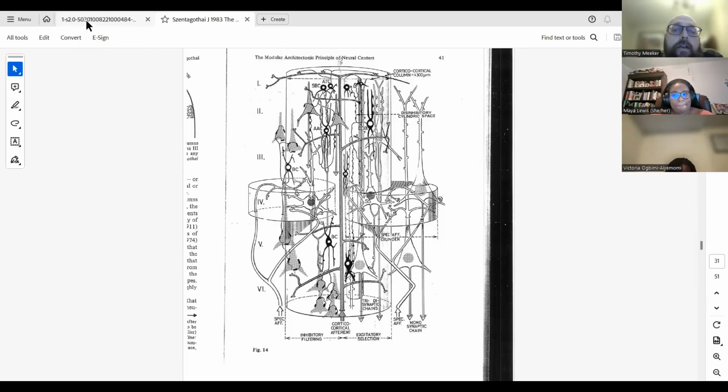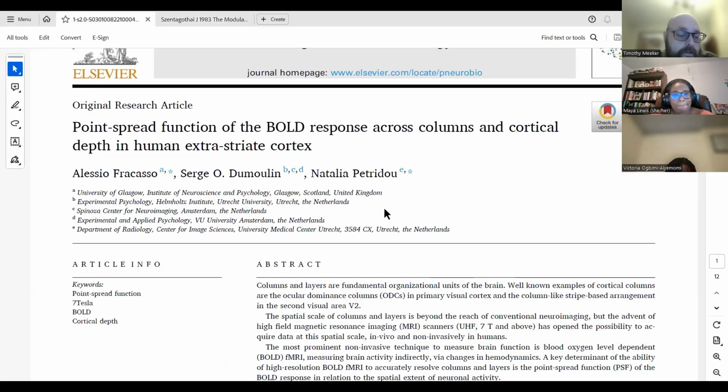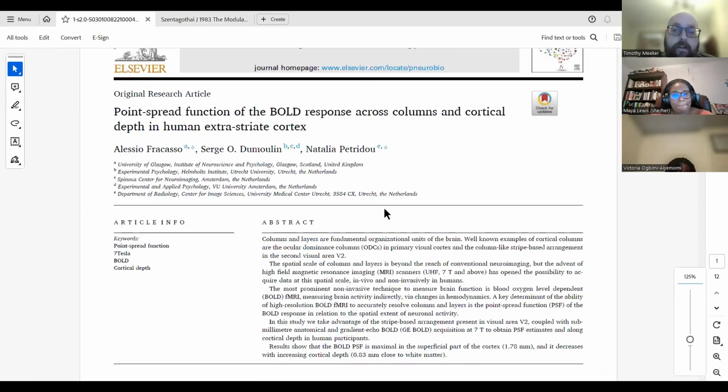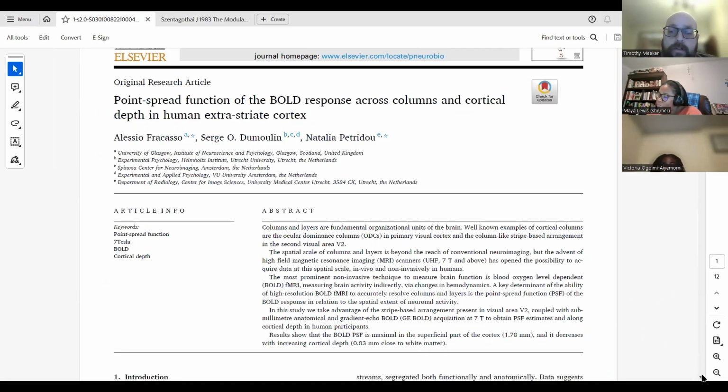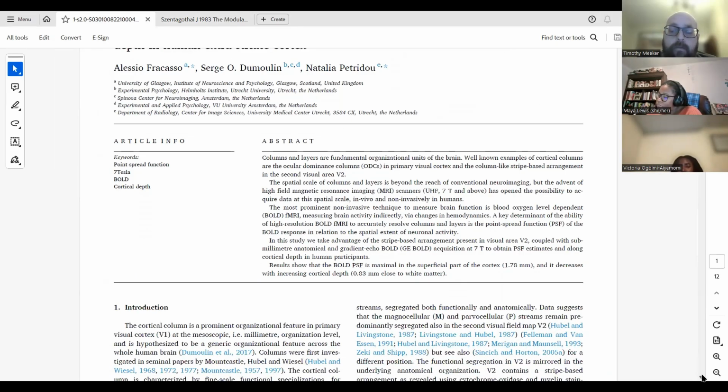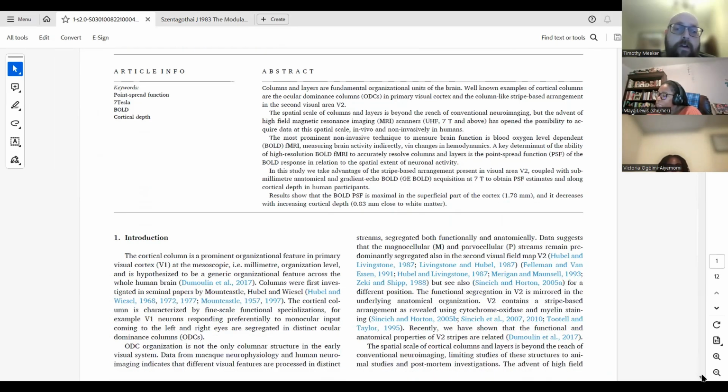So the idea is, do we have enough spatial scale to see cortical columns using functional MRI? At 3 Tesla, you don't. We can say that.